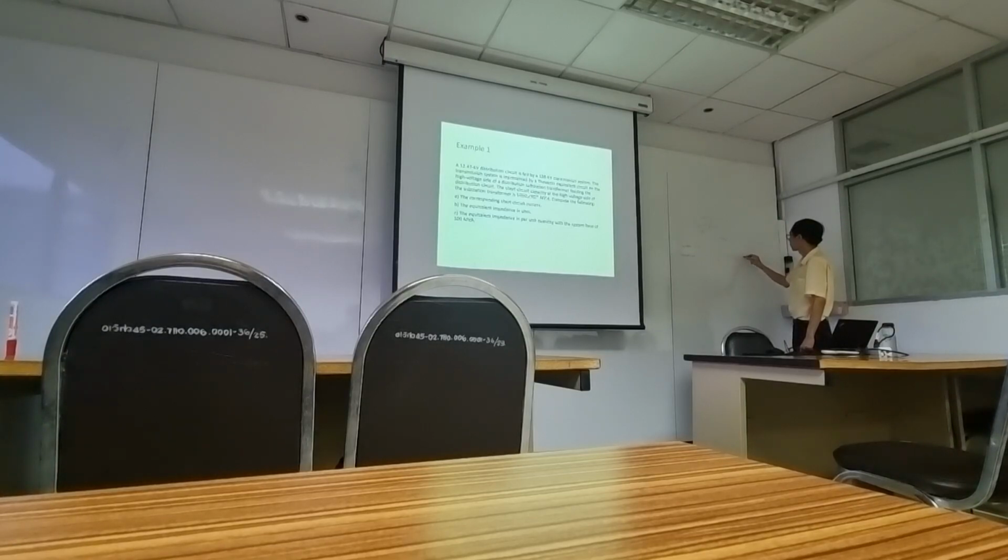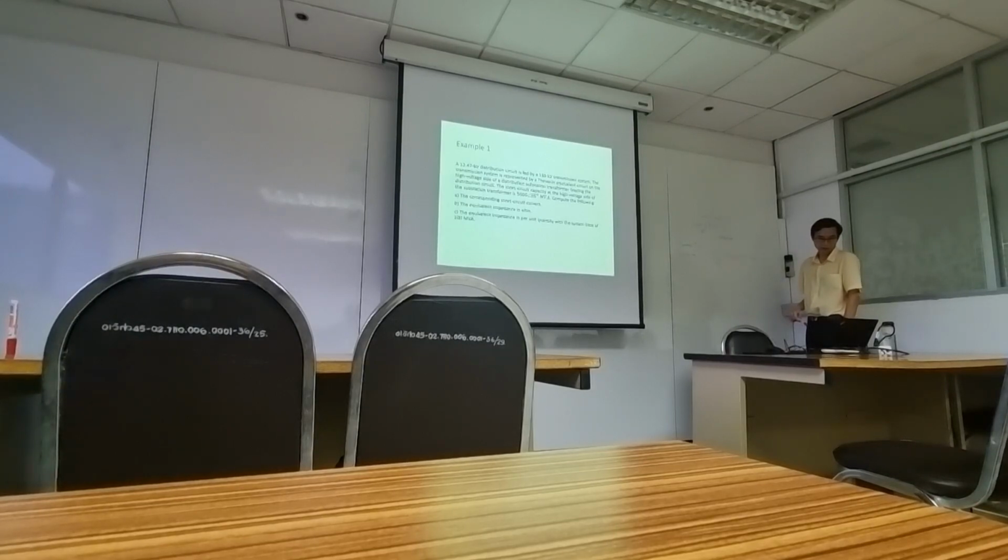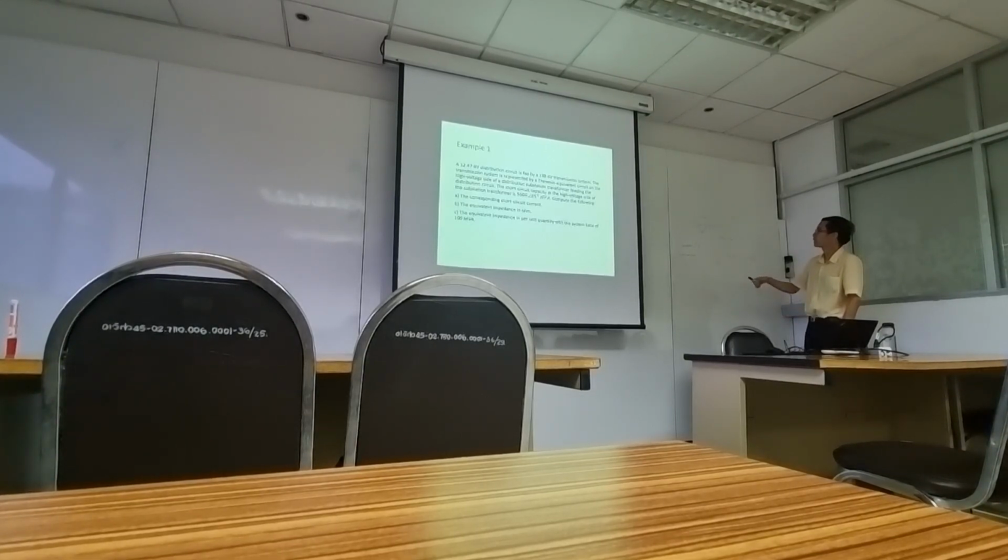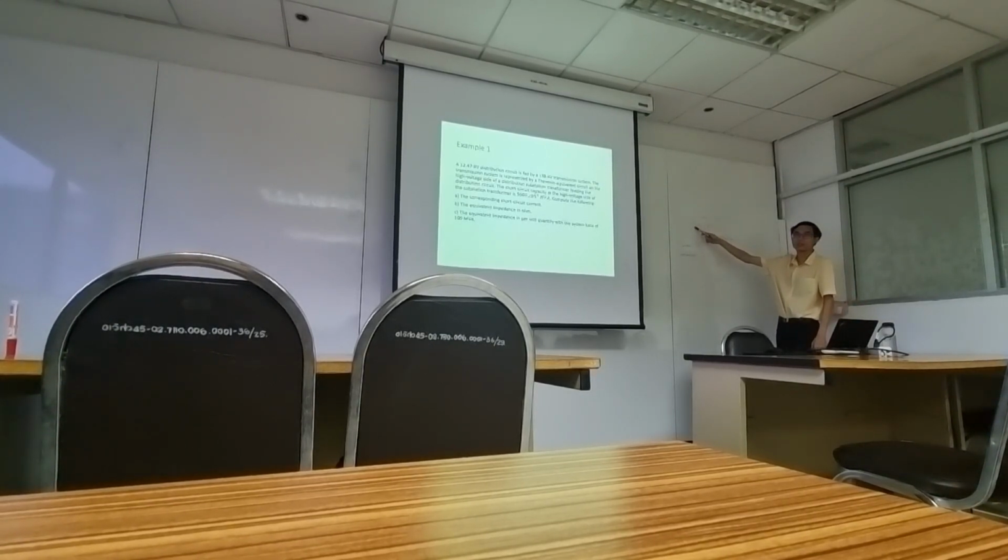We also have an angle, something like this, and this is the three-phase short circuit capacity. Then we need to calculate the short circuit current and also the equivalent impedance, which is this one, in ohms.